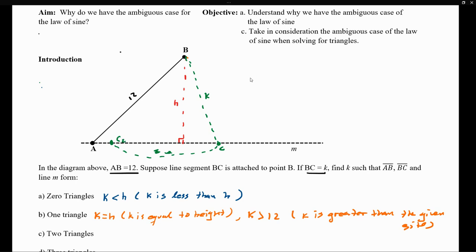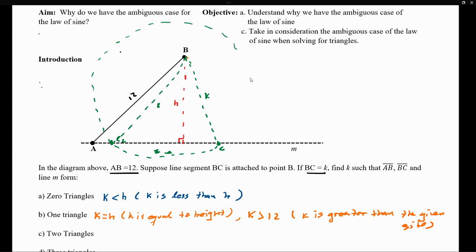And notice that this length that we are creating here is actually the same as the value of k. So we could have created two different triangles within the same condition.